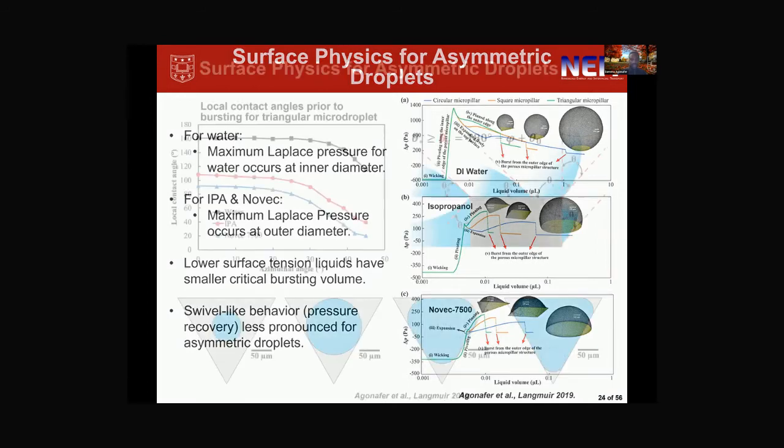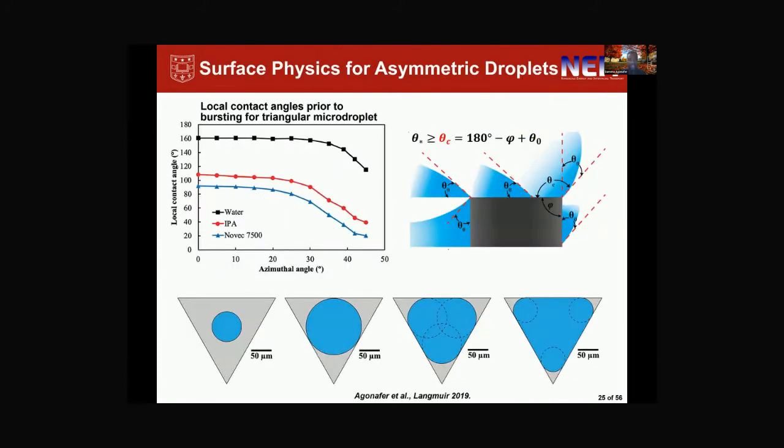The reason why you get this behavior for asymmetric droplets is we can look at the Gibbs criteria. The Gibbs criteria provides some information on your critical contact angle before bursting occurs, and in this particular case, phi for us is just 90 degrees. So the critical contact angle for asymmetric droplets or hemispherical droplets actually does not change.